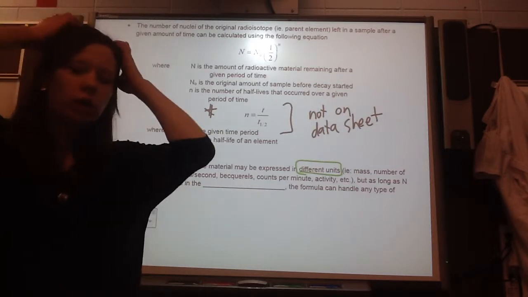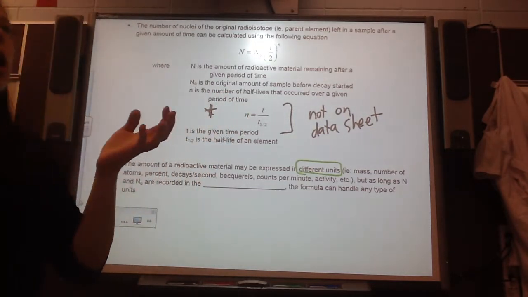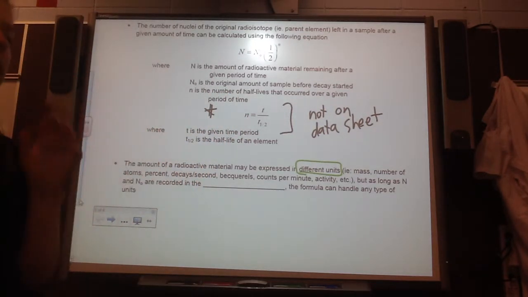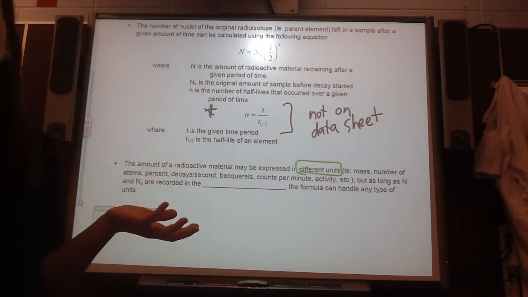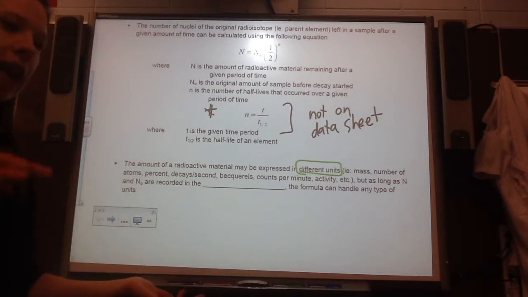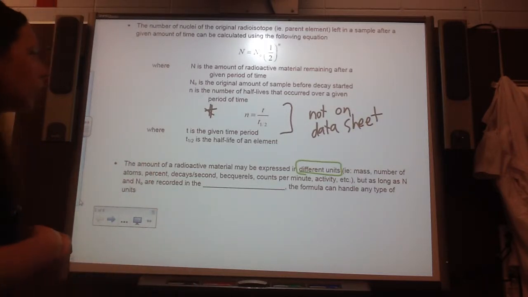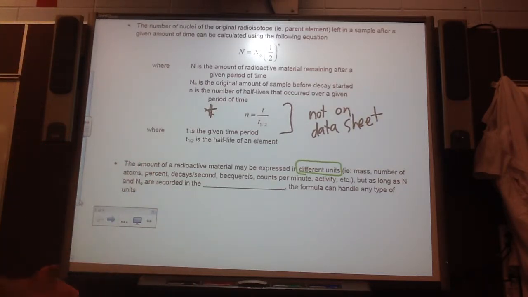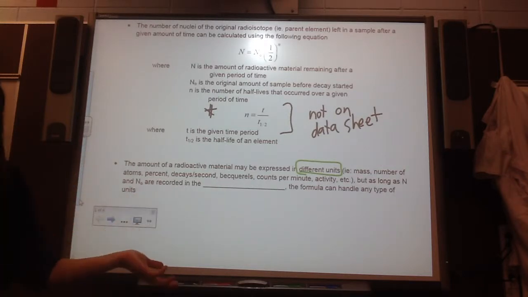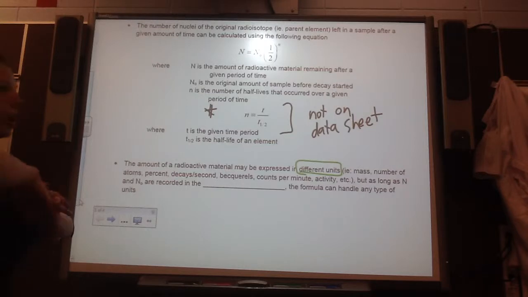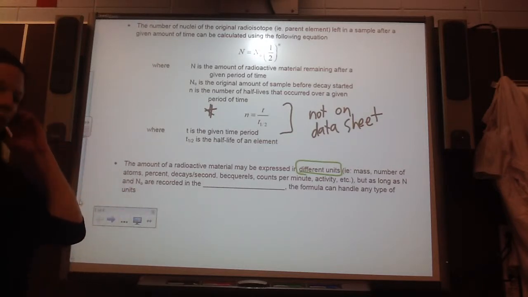If you're told the original sample's activity is such and such, its activity is N naught, and the activity afterward is N. Or the original mass is this many kilograms, and then what is its mass afterward. So it can be in all sorts of different units.